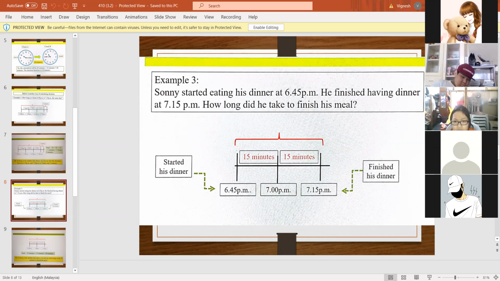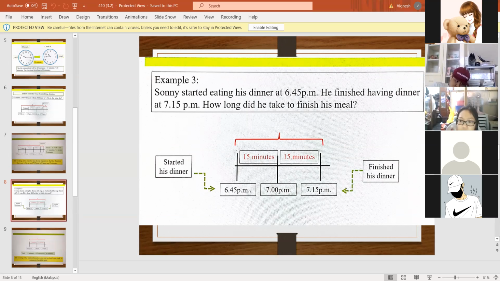Sonny started eating his dinner at 6:45 p.m. and finished his dinner at 7:15 p.m. On the same day, it's not on the next day. Understand? So how long did he take to finish his meal?